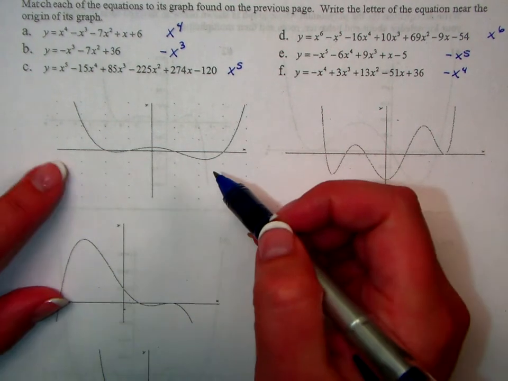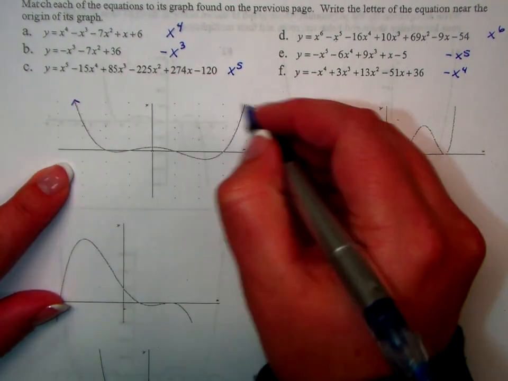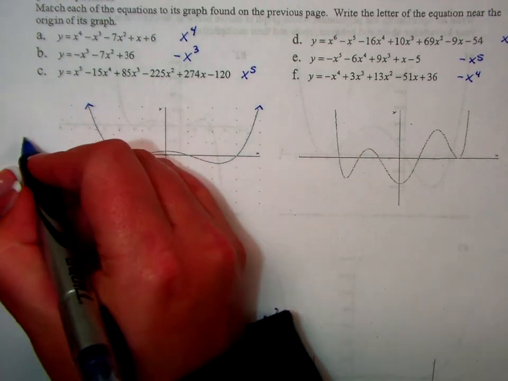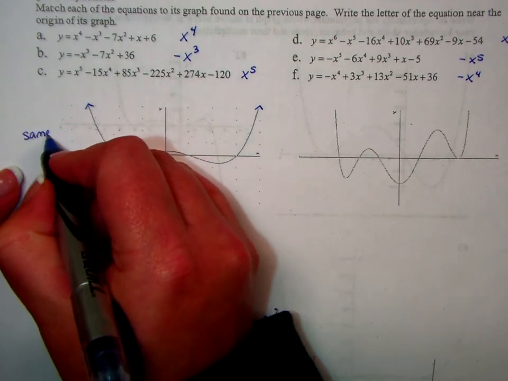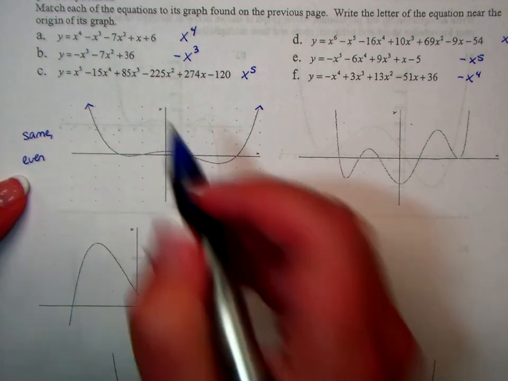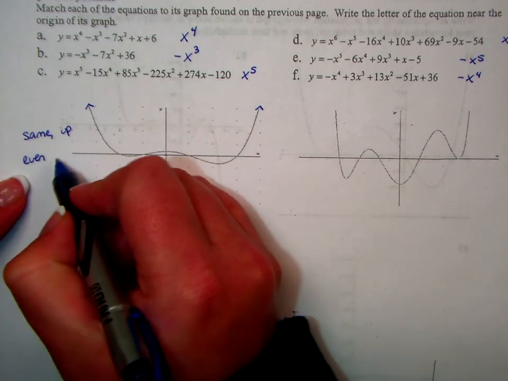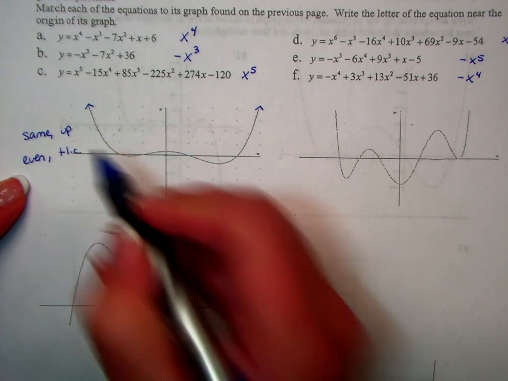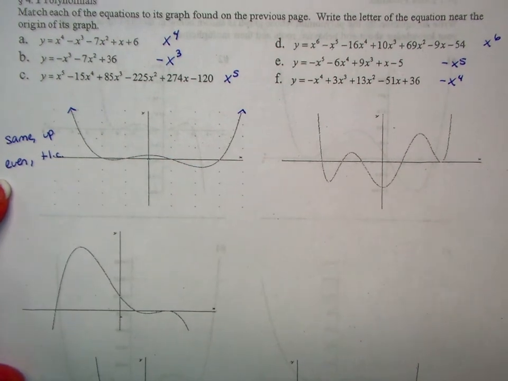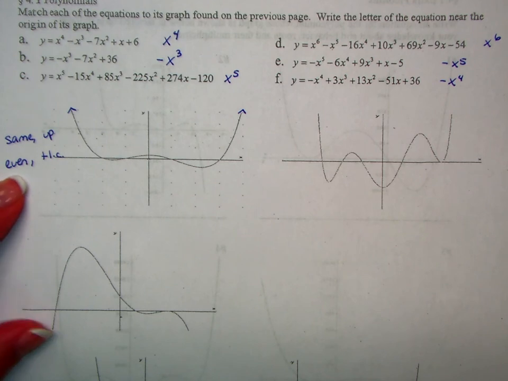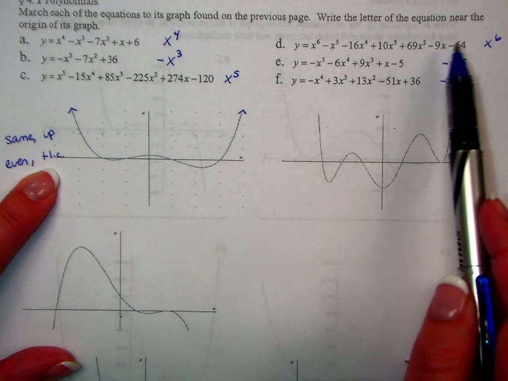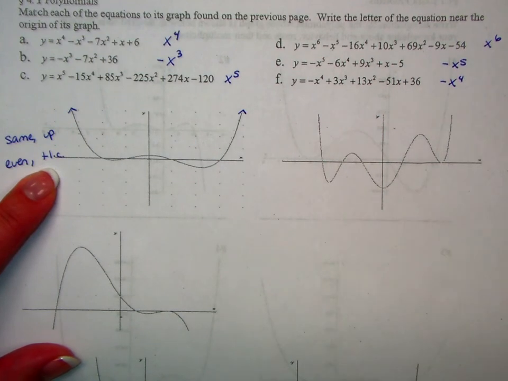On this first graph, we notice that both ends are the same. If the ends are the same, that means we have an even polynomial. And the fact that both ends are up means we have a positive leading coefficient. If you look at our possibilities of even polynomials with positive leading coefficients, A and D both fit that criteria.